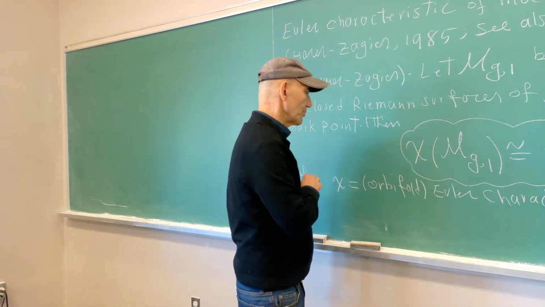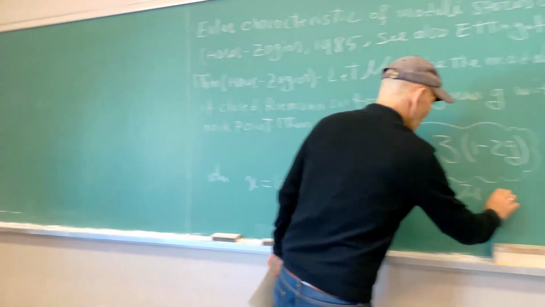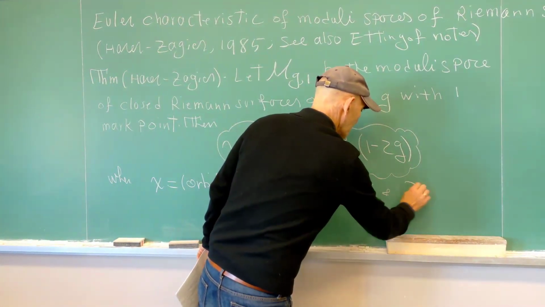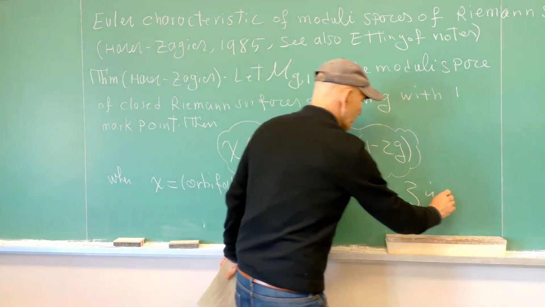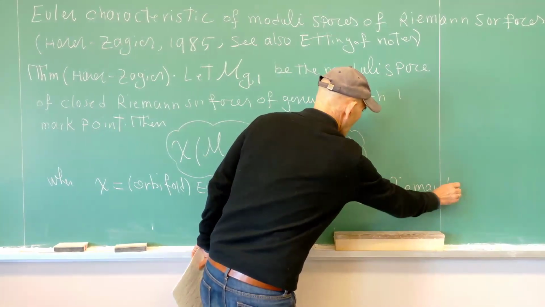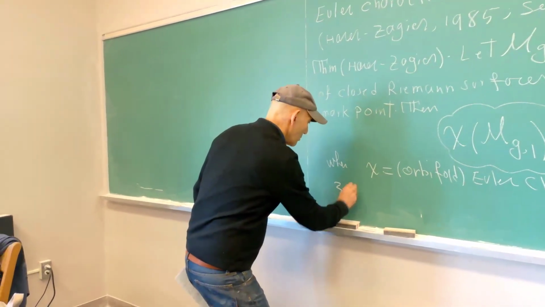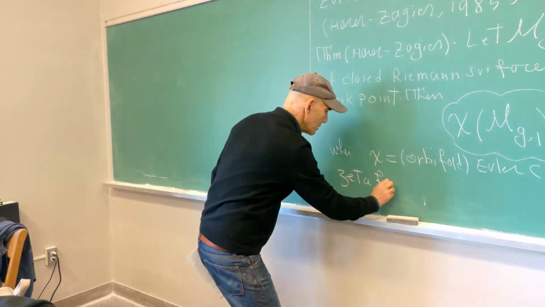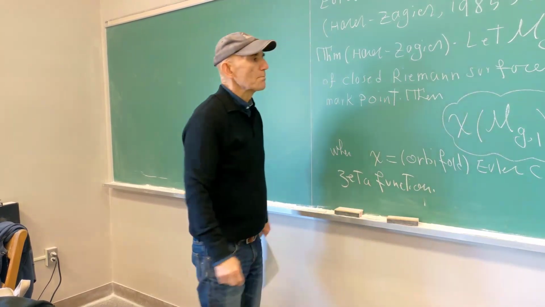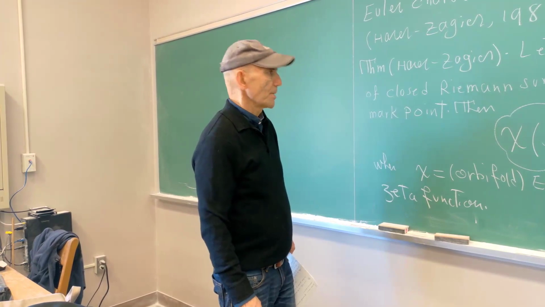It's called the orbifold Euler characteristic, and zeta is the Riemann zeta function.